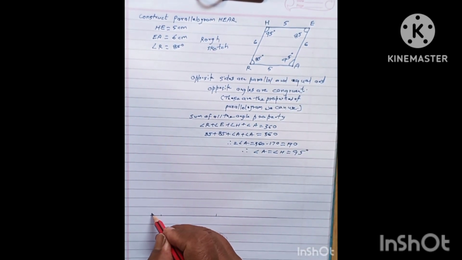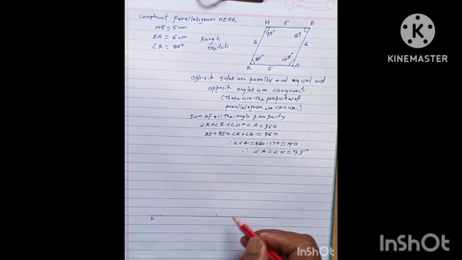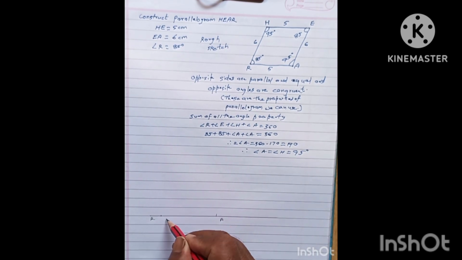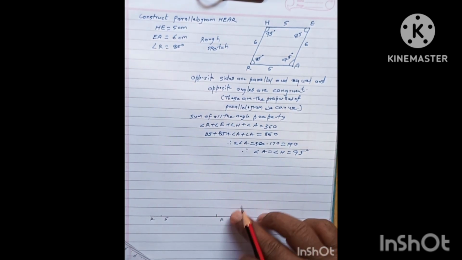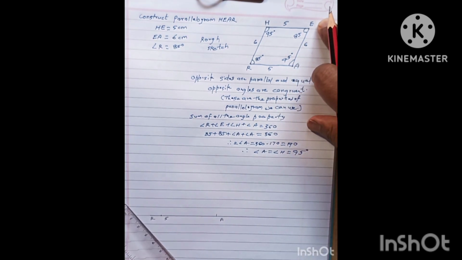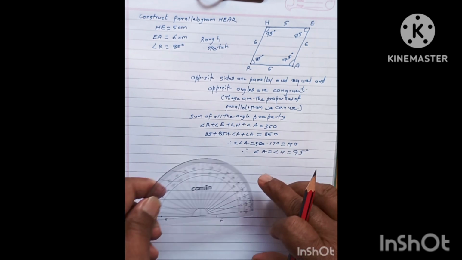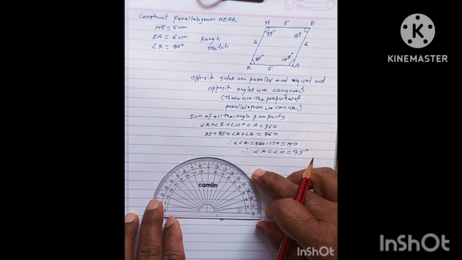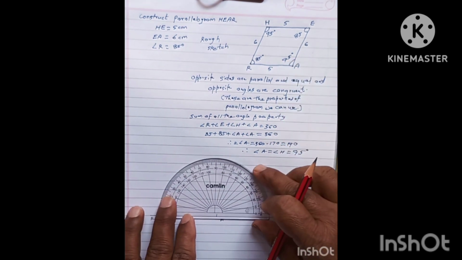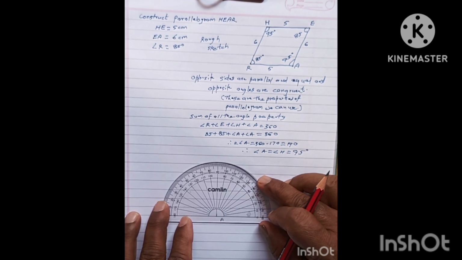The angles are very important. This is R, this is A, and this is 5 centimeters. Now that angle A is 95, E lies on the line which is inclined at 95 degrees with RA.